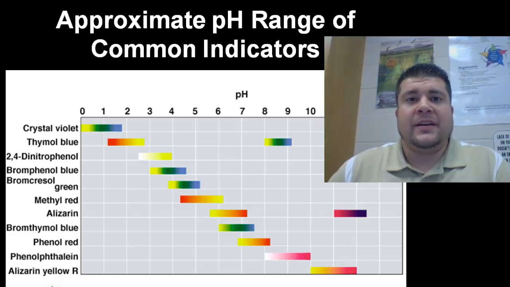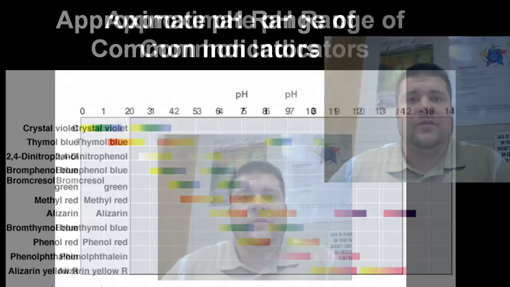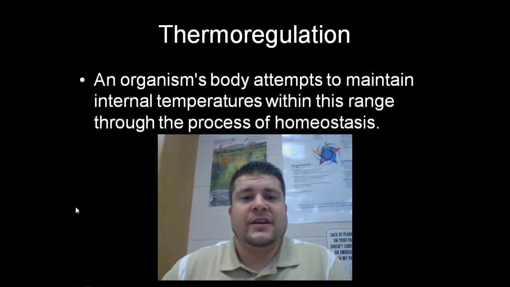Not only does our body regulate the pH value in our blood, but we also have to regulate the temperature of our blood and our cells, and so do all the other living organisms. But in humans, we have something called thermoregulation, and it's our body's attempt to maintain an internal temperature, and we're trying to maintain that homeostasis.